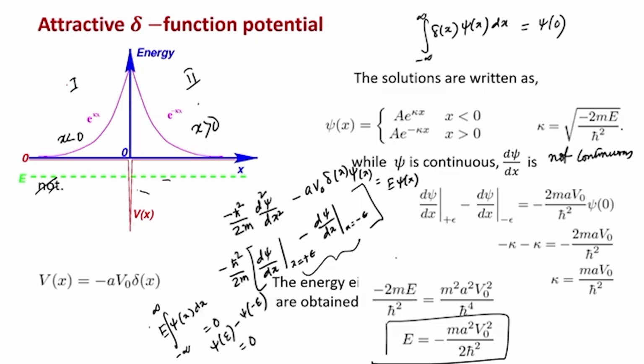If you take psi mod square of x and integrate it over all x, from minus infinity to plus infinity, you have to break it up into minus infinity to minus epsilon, using the first solution, which is A square e to the power 2 kappa x, and plus epsilon to infinity, again A square into e to the power minus 2 kappa x, and that's equal to 1.